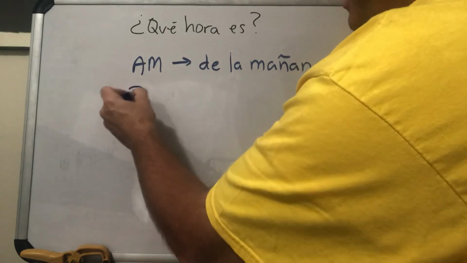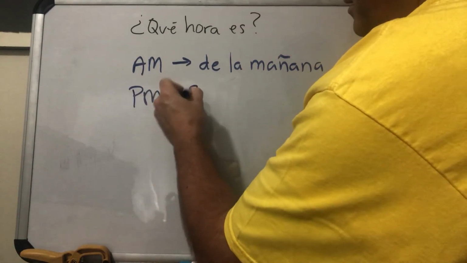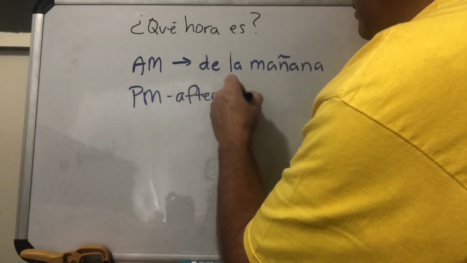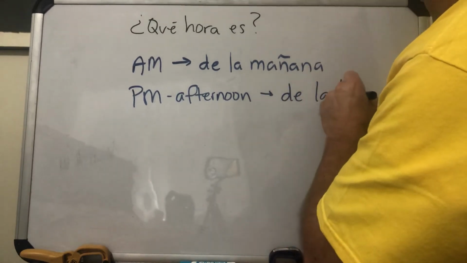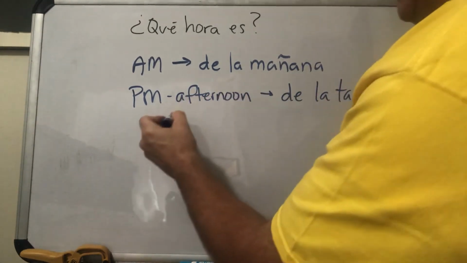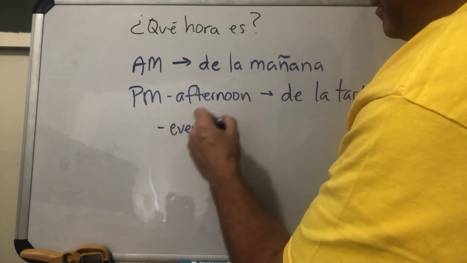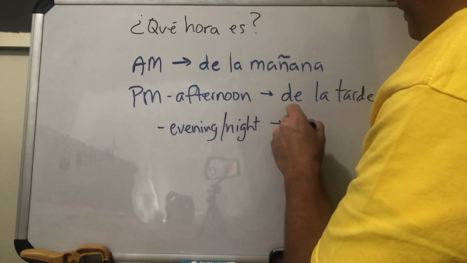PM, we have two different ones. If we're going to do afternoon, we add de la tarde. And if we're going to say evening or night, we add de la noche.